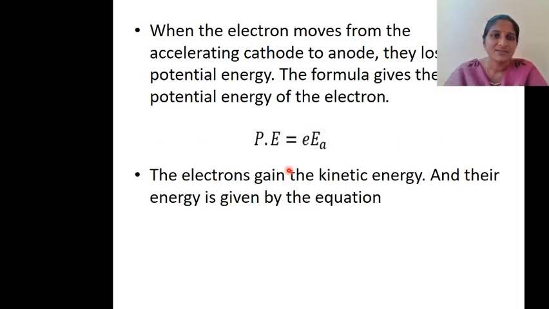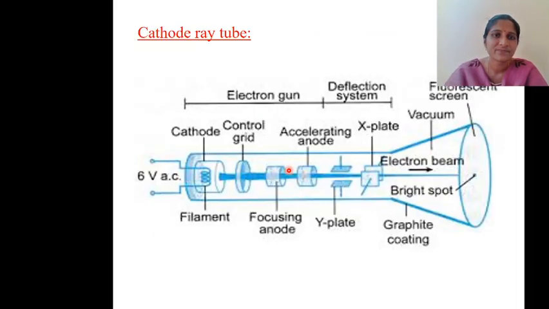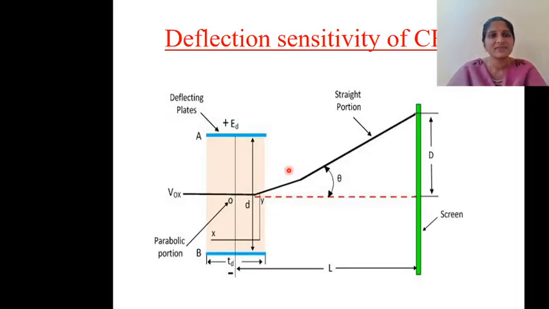Once again I will tell you. The deflection sensitivity of the CRO depends on this: capital D is the deflection made by the signal, and this capital D is directly proportional to E_d, the voltage applied to the deflection plates. So the amount of deflection varies with the amount of voltage applied to the deflecting plates.